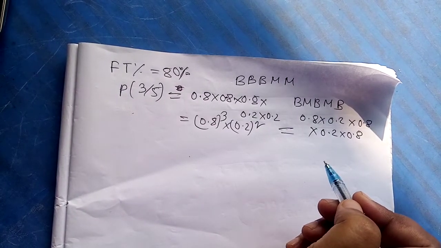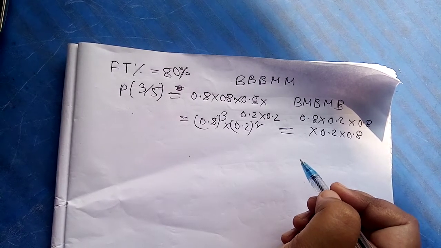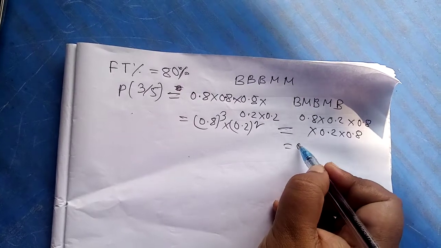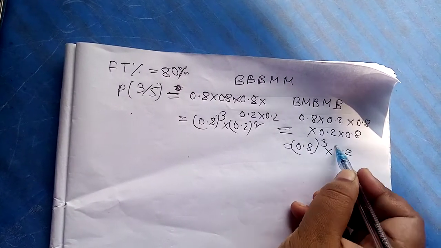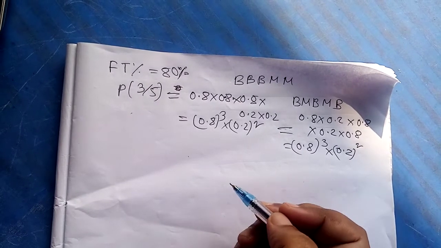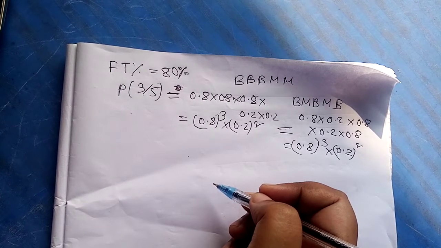So this is also the same thing as 0.8 to the third times 0.2 squared. So pretty much the probability of getting any particular combination of 3 baskets and 2 misses is going to be 0.8 to the third times 0.2 squared.